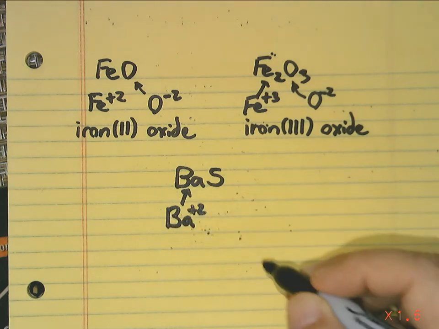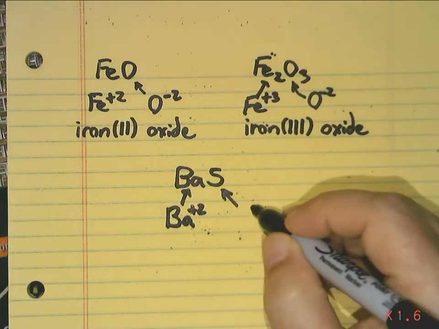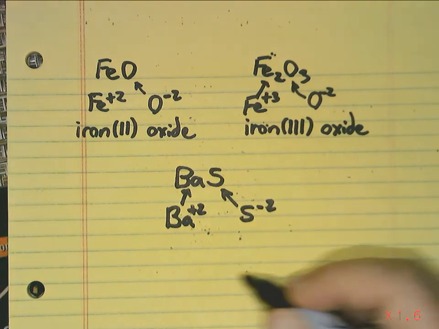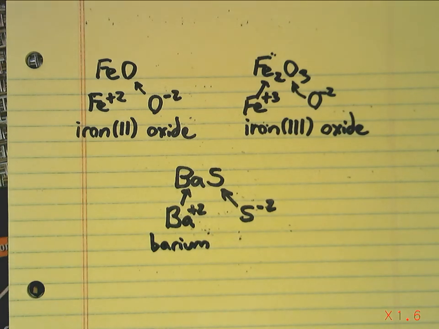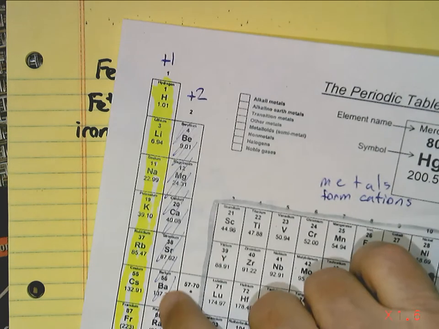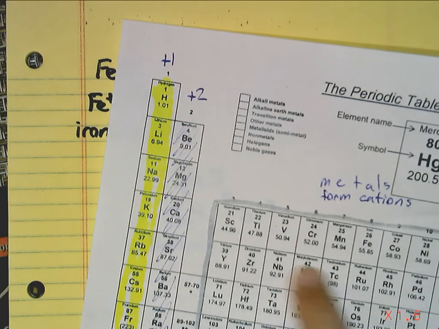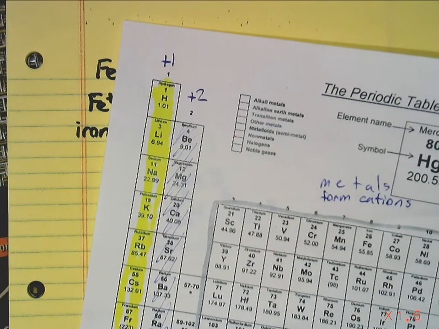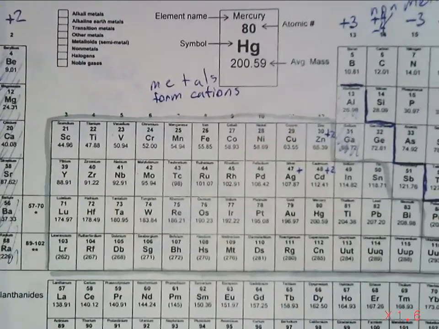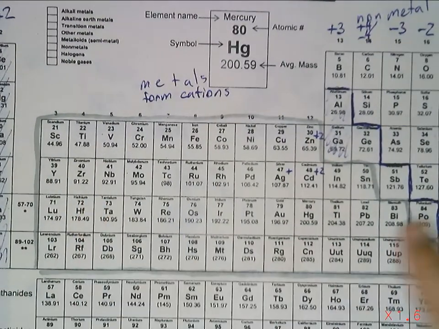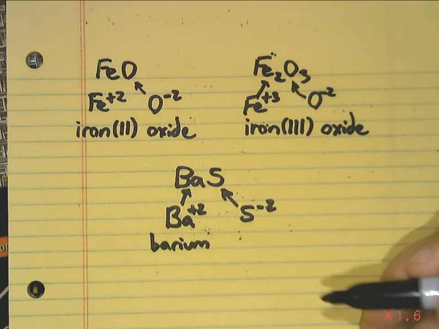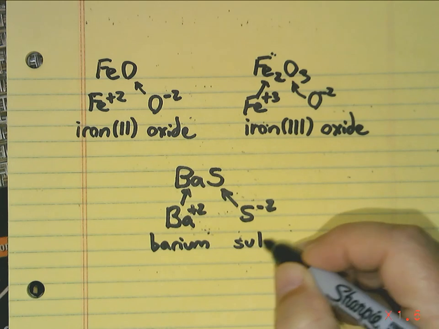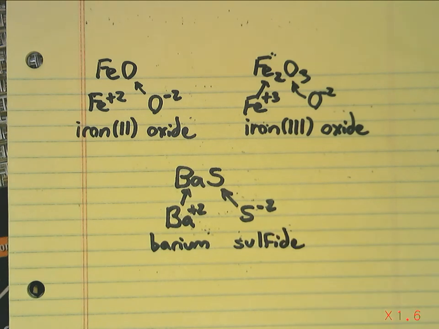If I look at the column that these things are in, I can see the ions that are in there. This is a barium ion. And now no stock number, because look where it is. It's in this area of the periodic table. As long as you're outside this area right here that I showed you in the last video, you do not have to put a stock number on. So I can just say barium. I don't have to say barium 2. And that's a sulfide ion.